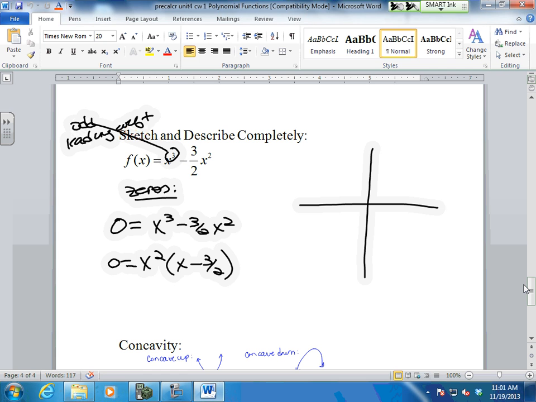Okay? Now, set these equal to 0. So, here's my double root. I take the square root. X is 0. I'm going to count twice. And x is 3 halves. So I have 1 here and 1 at the 3 halves.